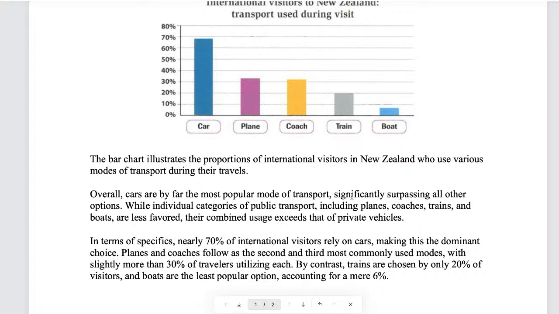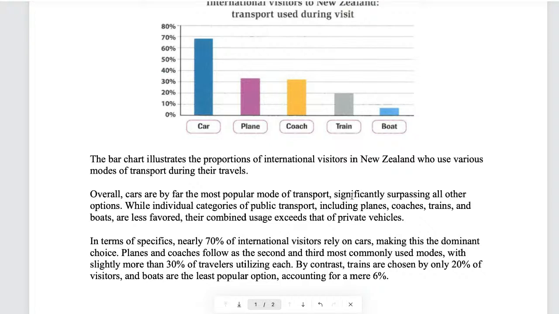You need to use a lot of adjective adverbs in writing task 1. Significantly, that means largely. Big. Okay? Significantly. A lot. Okay? A lot.